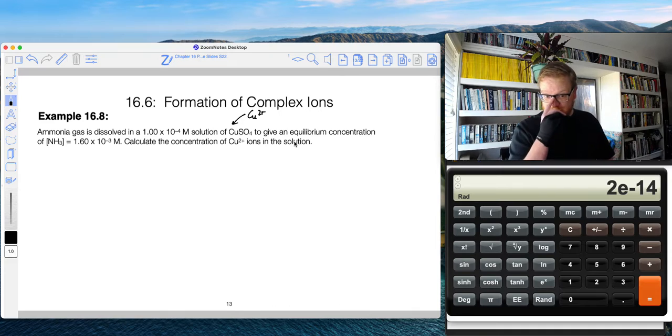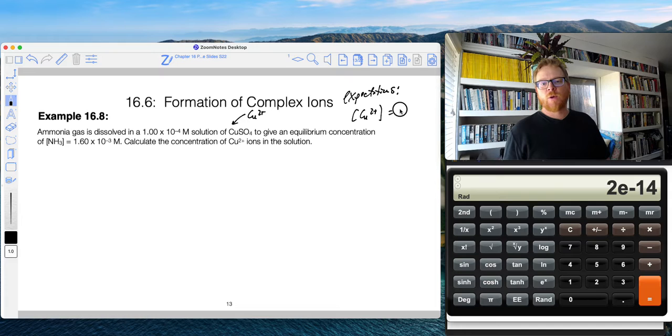Okay, so this at first seems pretty difficult. And the setup is a little challenging, but once we get through the setup, it's very straightforward. If we think about our expectations, we expect that the concentration of copper 2 plus at equilibrium will be very small.